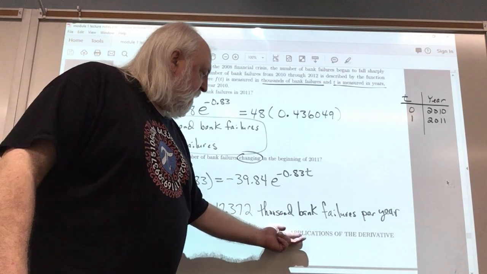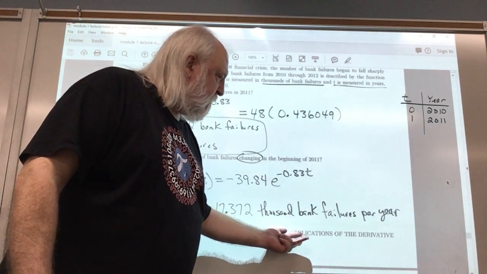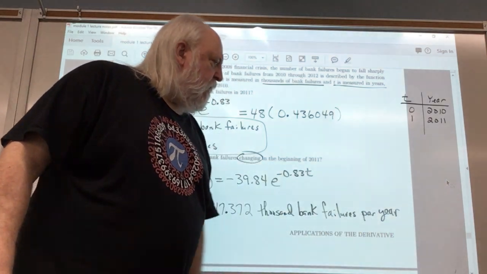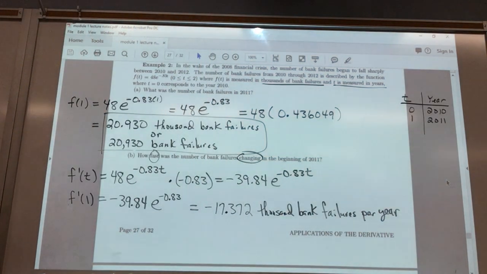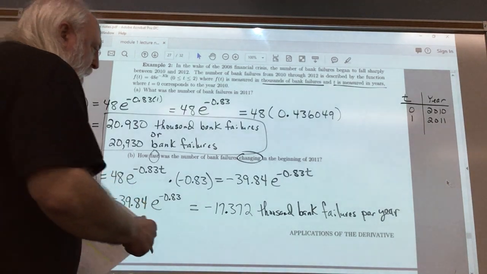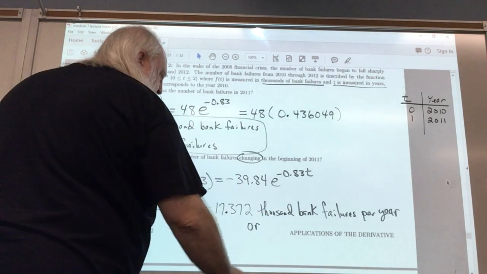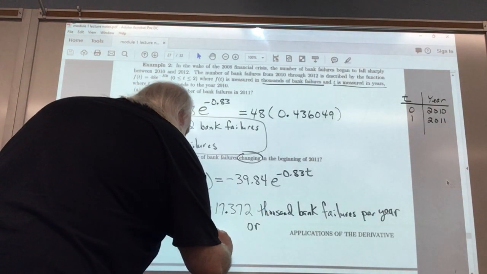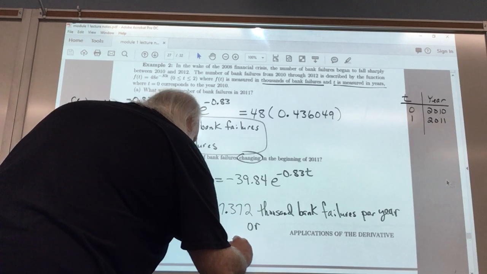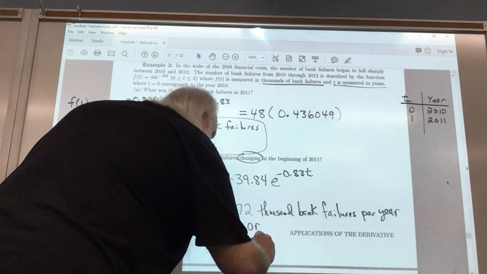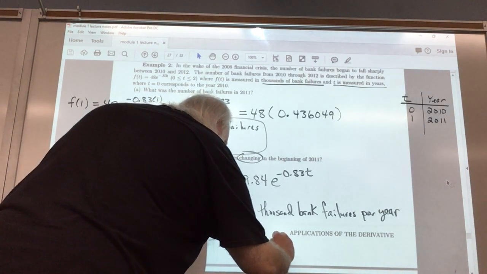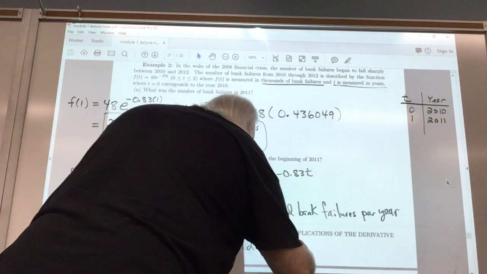And so the something in this case is 1,000 bank failures, and the other something is year. So minus 17.372 thousand bank failures per year. And when we multiply this number by 1,000, we get minus 17,372 bank failures per year.